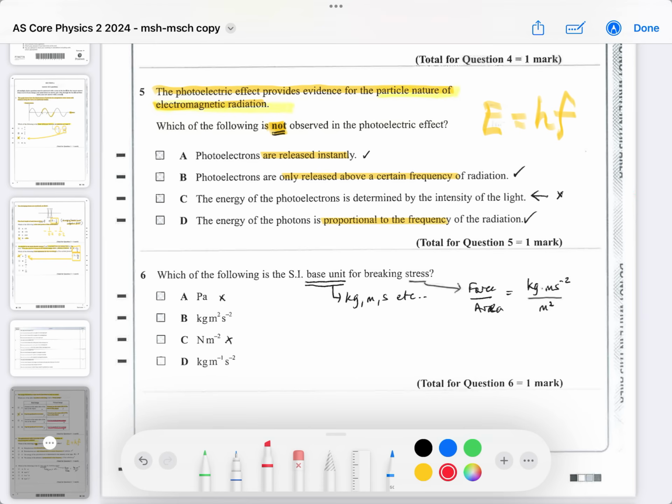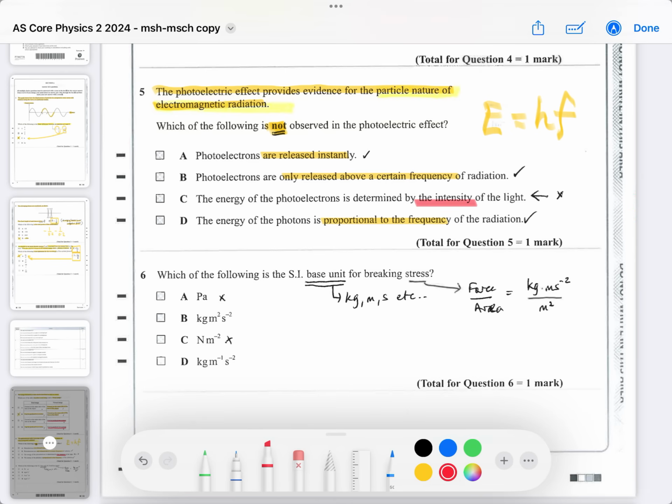So let's read C. It says the energy of photoelectrons is determined by the intensity of the light. No, it's just determined by the frequency, not the intensity of the light. So this one is incorrect, and the reason it's incorrect is because of the word intensity. When we're talking about the particle nature of light, the intensity just means more photons are coming per second, okay?